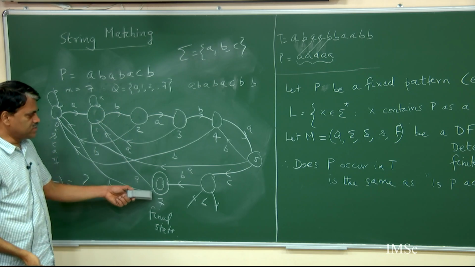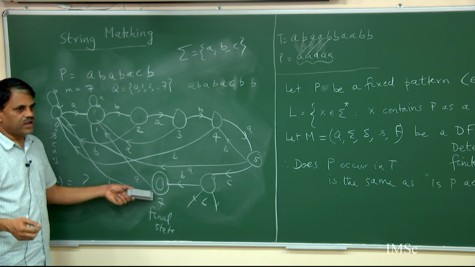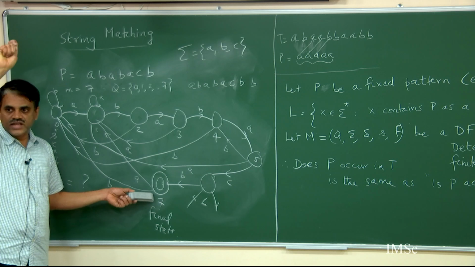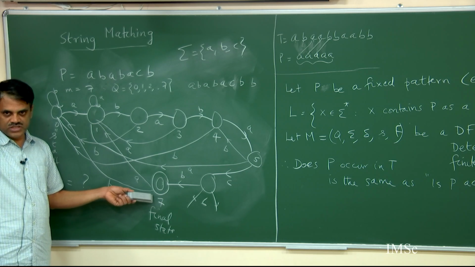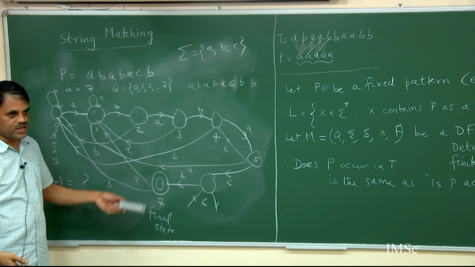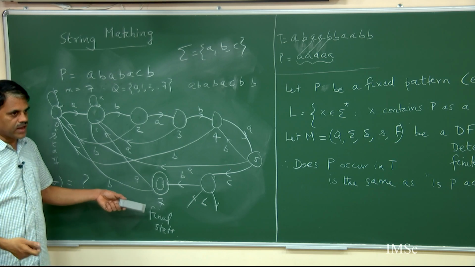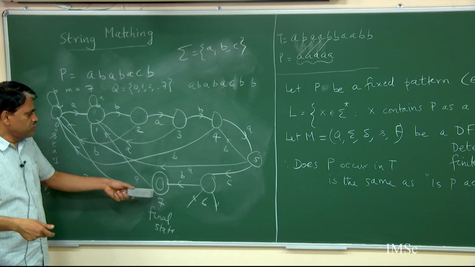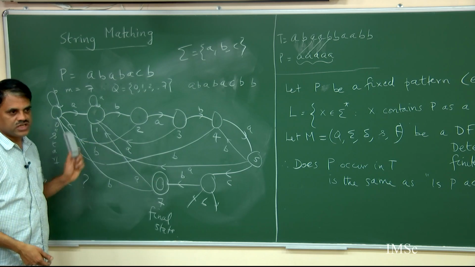Every time I reach this final state, 7, I count one occurrence, the ending of one occurrence of the pattern, right. And if you want to know how many occurrences, you just have a counter and keep adding it, and you just follow through the symbols until you finish your text.